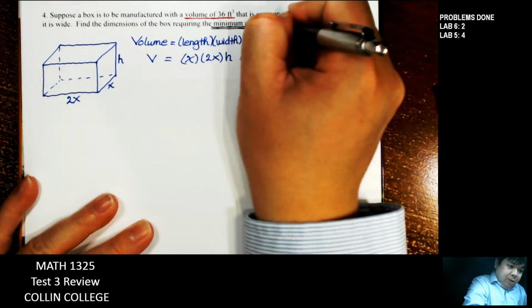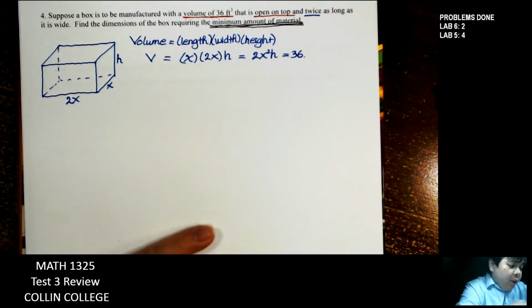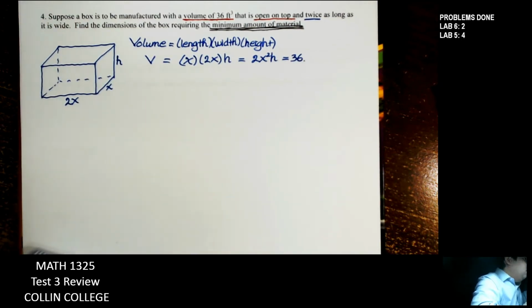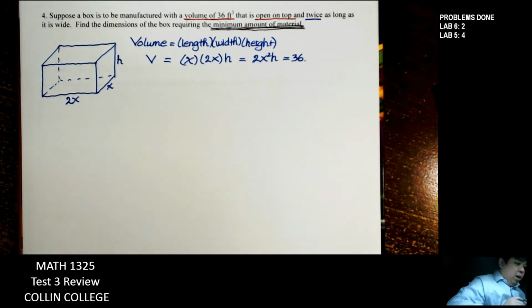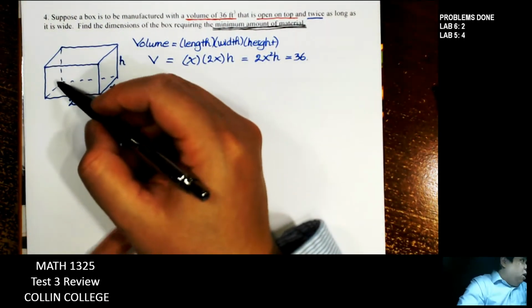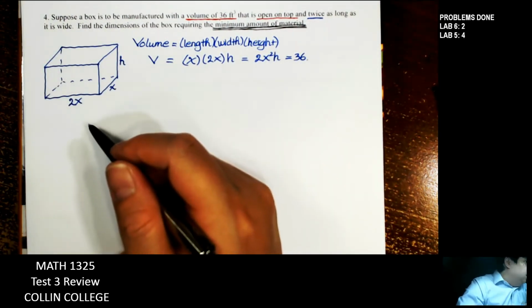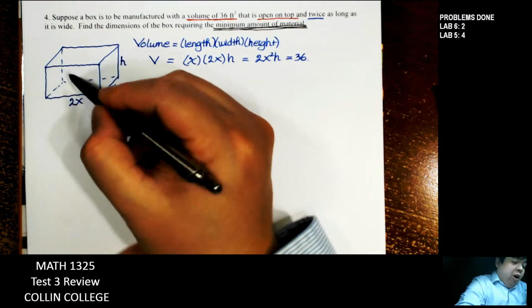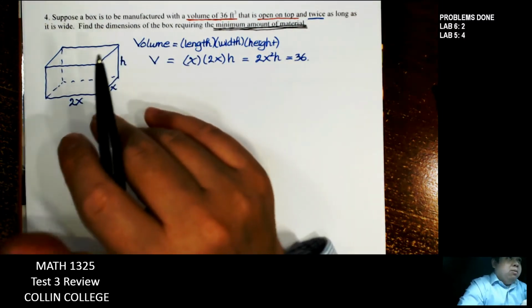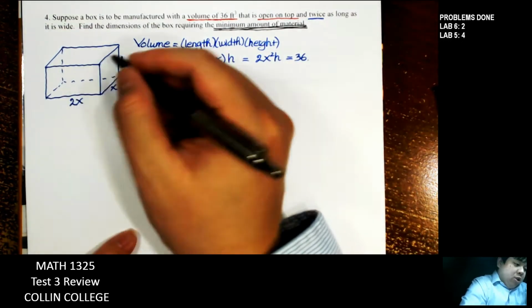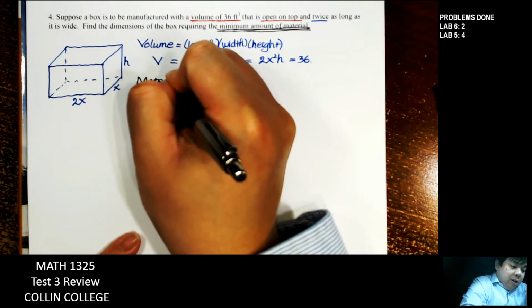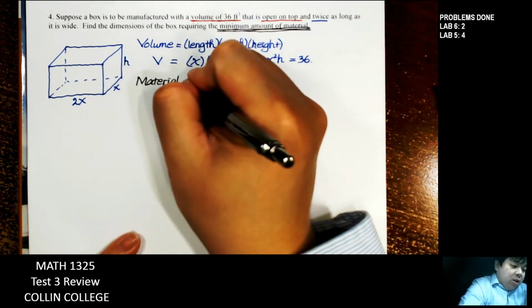All right. The main question is not that. We want the dimensions that require the minimum amount of material. That is the question. So to make this box, we will have front and back, left and right, and the bottom, because there's no top.